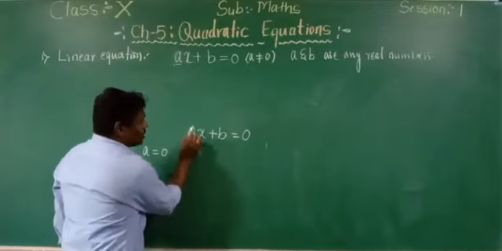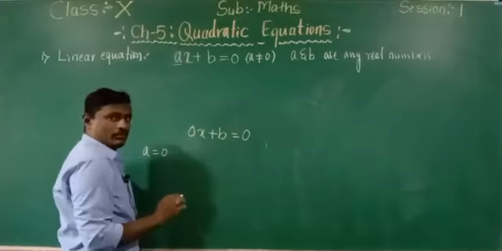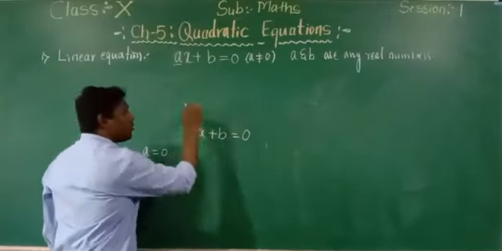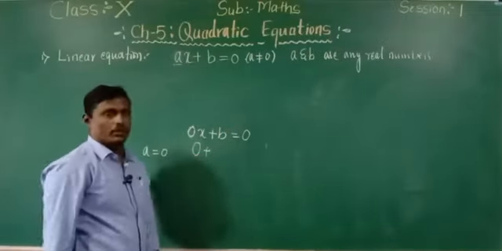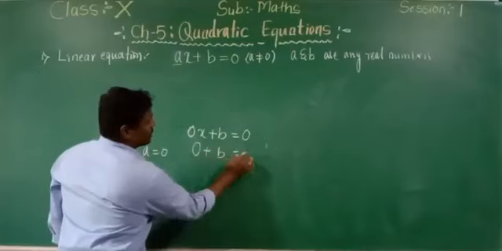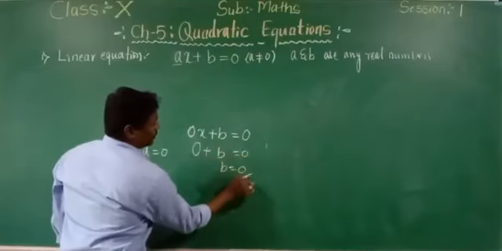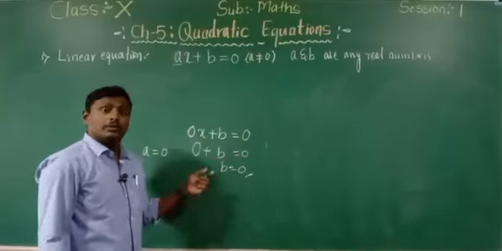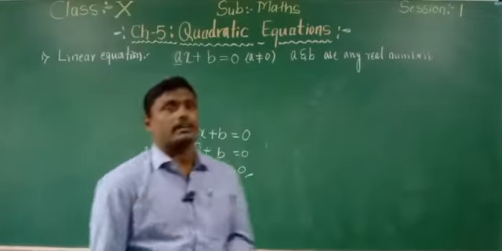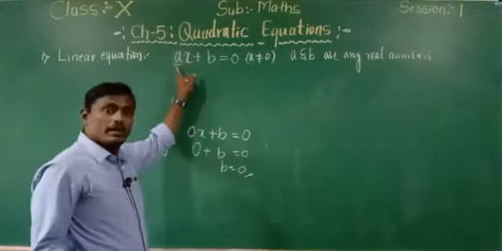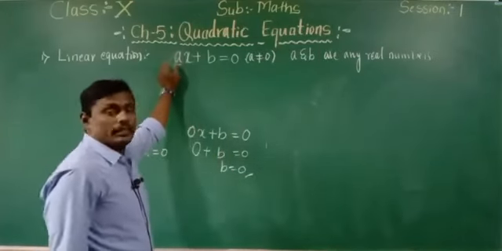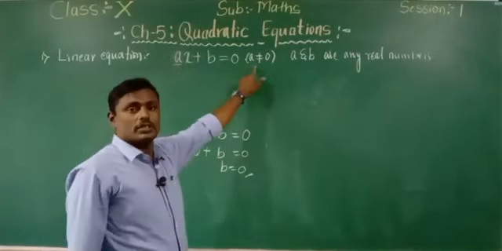Now 0 into x: whenever we multiply 0 with any number or any variable, we get 0 only. So 0 plus b is equal to 0, so b becomes equal to 0, right? So we cannot get any exact values. That's why in the equation a is not equal to 0.